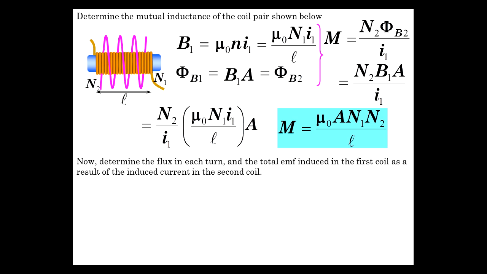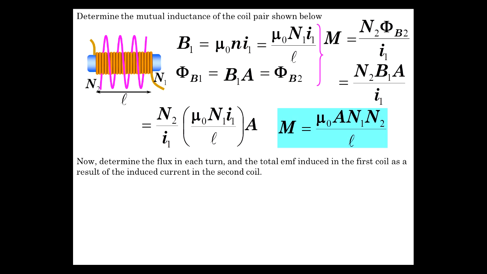Now, our next task is to determine the flux in each turn and the total EMF in the first coil, the solenoid here, as a result of the induced current in the second coil. So we change a current in the first coil. It induces a current in the second coil. The second coil then will have a changing flux, which induces an EMF and current in the first coil.